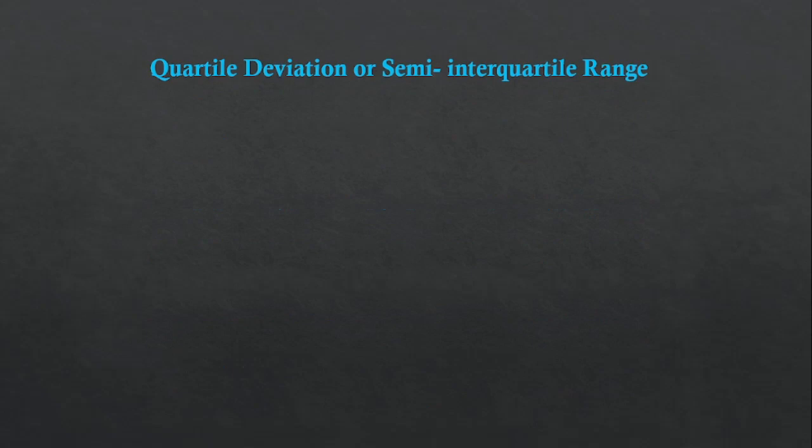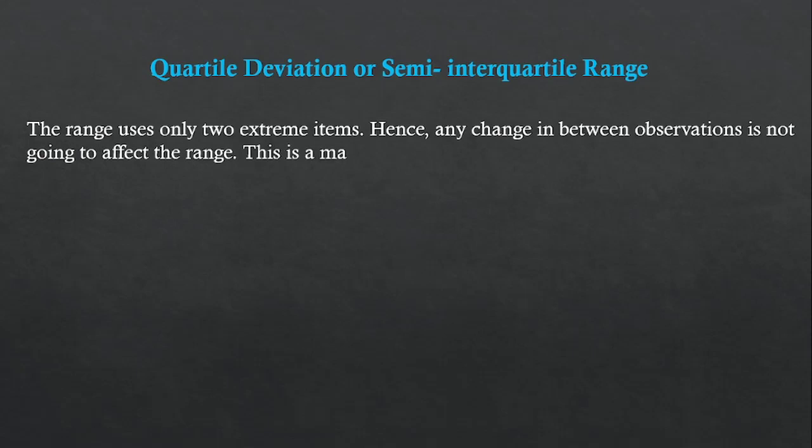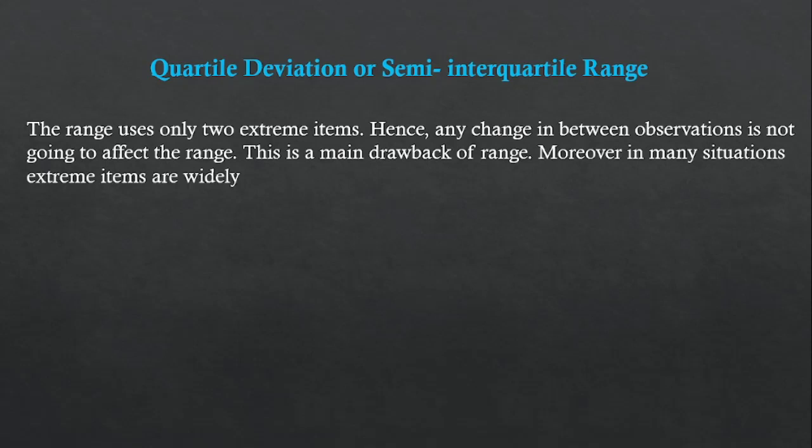Let's see about quartile deviation, which we also call the semi-interquartile range. The range uses only two extreme items. Hence, any change in between observations is not going to affect the range. This is the main drawback of the range. Moreover, in many situations, extreme items are widely separated items.